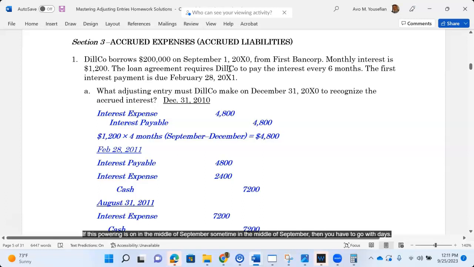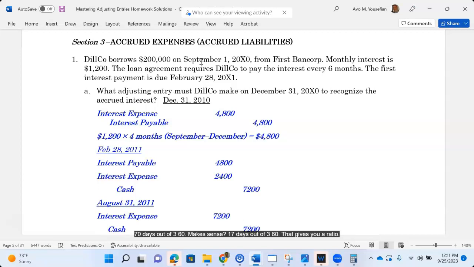If this borrowing is sometime in the middle of September, then you have to go with days. Let's say that's 3 months plus 10 days, so let's say 70 days out of 360. Make sense? That gives you a ratio, and that will help you calculate how much interest you need to recognize.